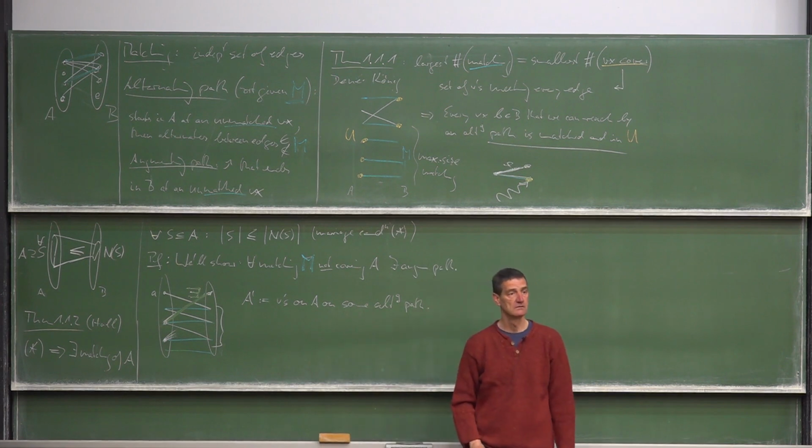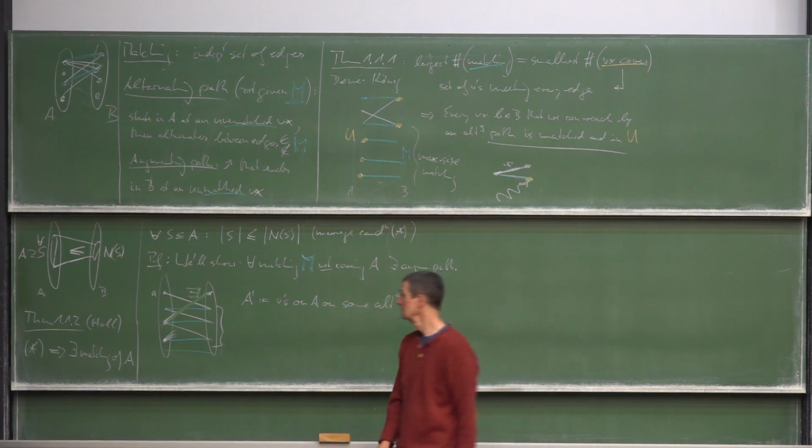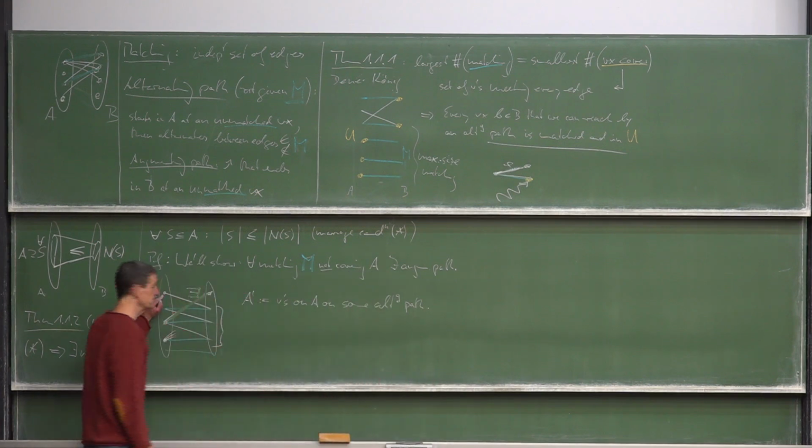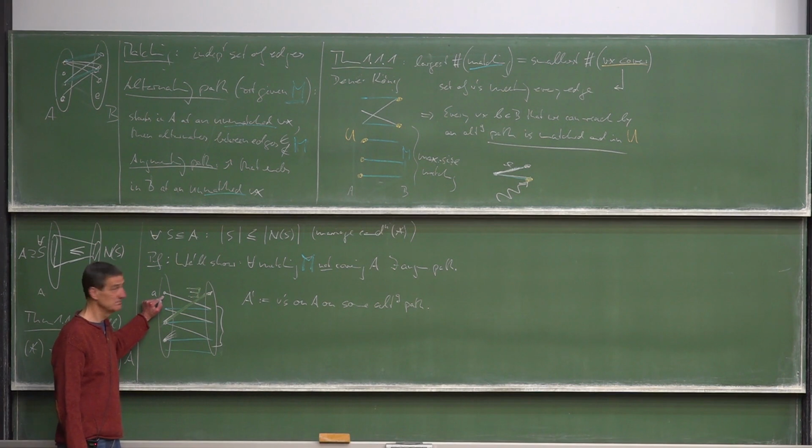Right, so the little unmatched vertex here is definitely in A prime because it is its own alternating path. Remember, alternating paths are allowed to be trivial.